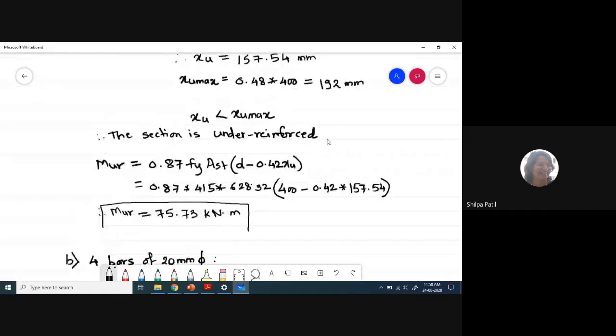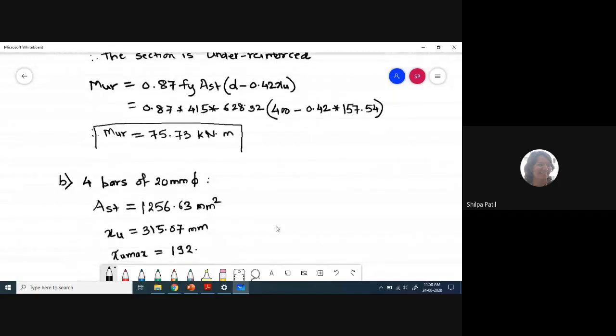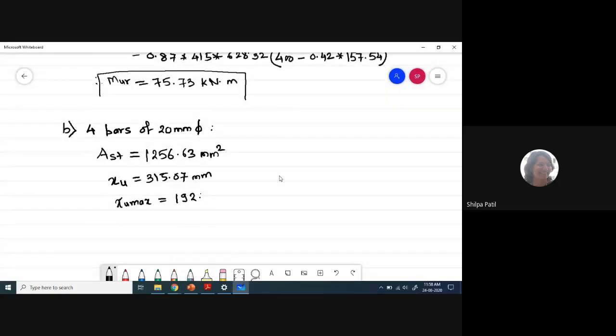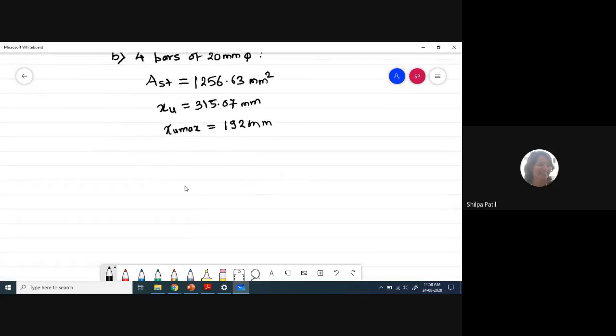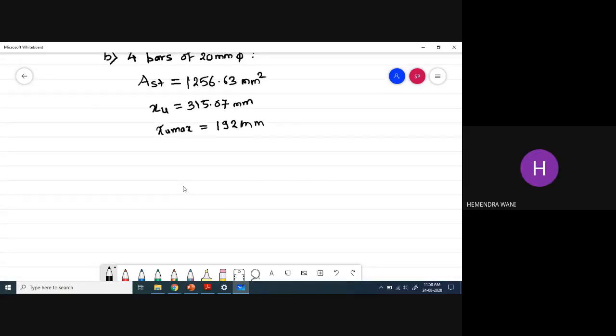What was XU max? 192 mm. So compare XU with XU max. Over reinforced. So now your XU is coming greater than XU max. So the section is over reinforced.